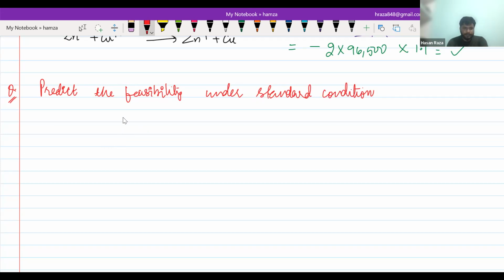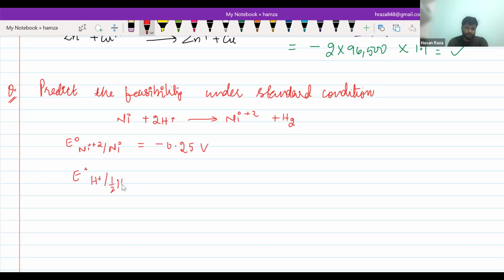The reaction is directly given: Ni plus 2H plus will give Ni plus 2 plus H2. It is also given that E naught Ni plus 2 slash Ni is minus 0.25, and E naught H plus slash half H2 is given as equal to 0 volt. Please do this first.